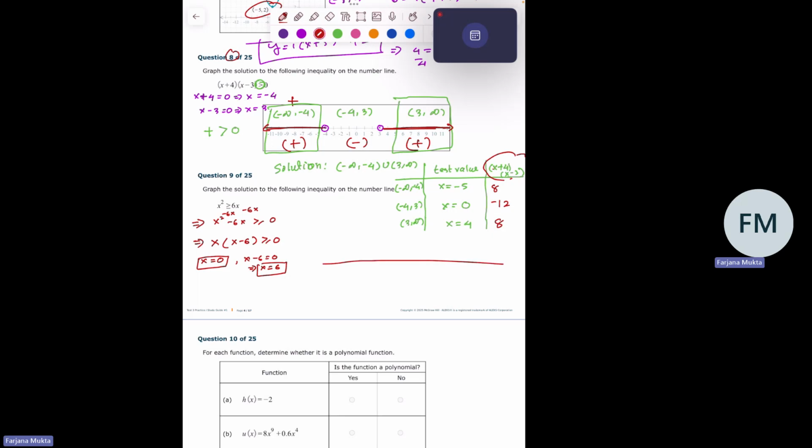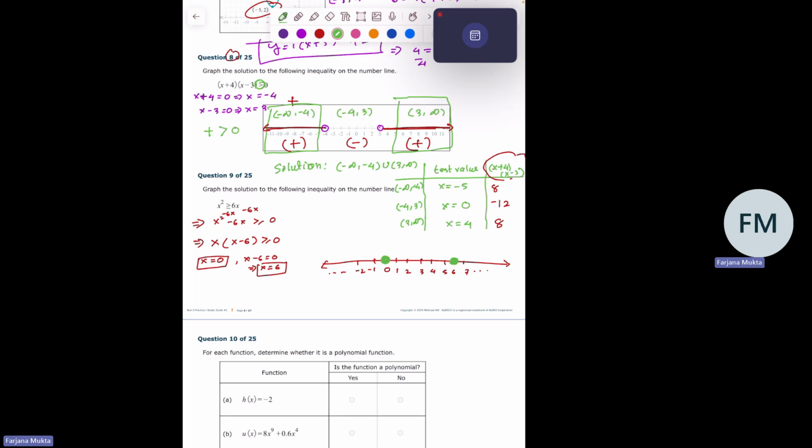That means take the number line and divide the number line at, let's say we have 0 here and -1, -2, so on. 1, 2, 3, 4, 5, 6, 7. All right, so that means now we are going to divide our number line at 0 and 6. It's greater or equal, so they are going to be closed circle.